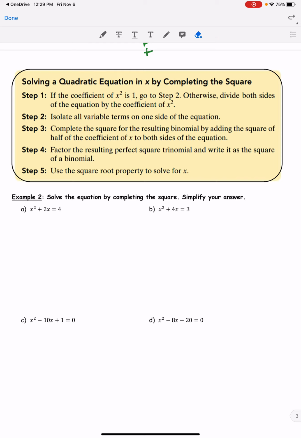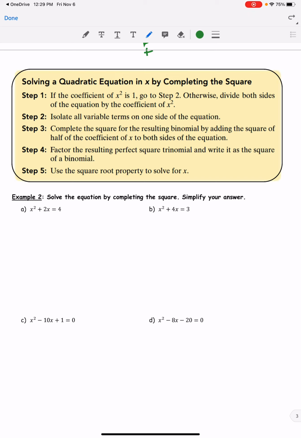Step 1: If the coefficient of x squared is 1, go to step 2. Otherwise, divide both sides of the equation by the coefficient of x squared. Part 1 is going to make the coefficient always be 1.